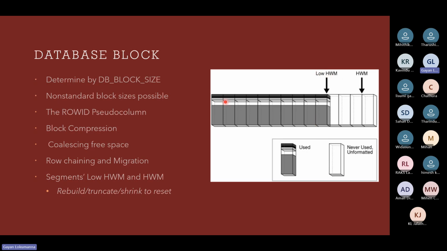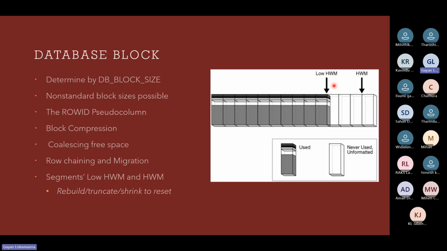Let's say for the first time when we do an insert, just take an example. We have inserted the records throughout all these blocks, and now they are filled with records. The last point where the data is inserted is what we call the low high watermark.